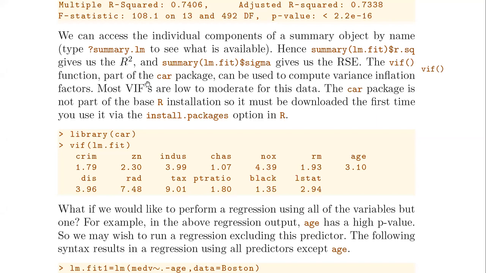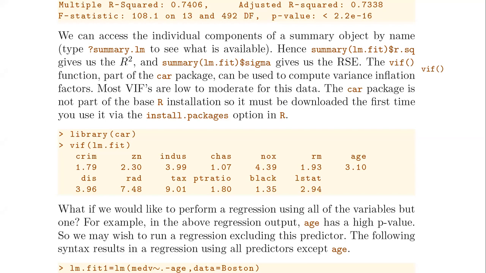The vif function, part of the car package, can be used to compute variance inflation factors. Most VIFs are low to moderate for this data.